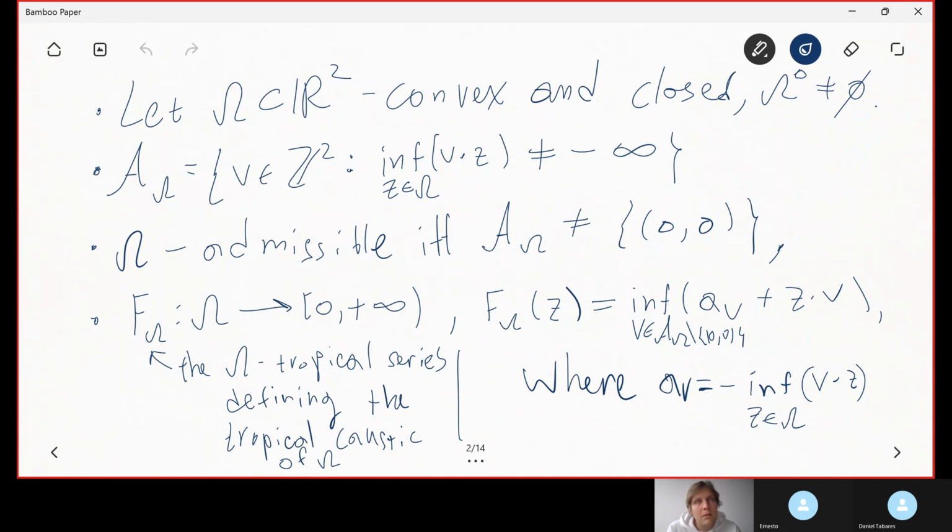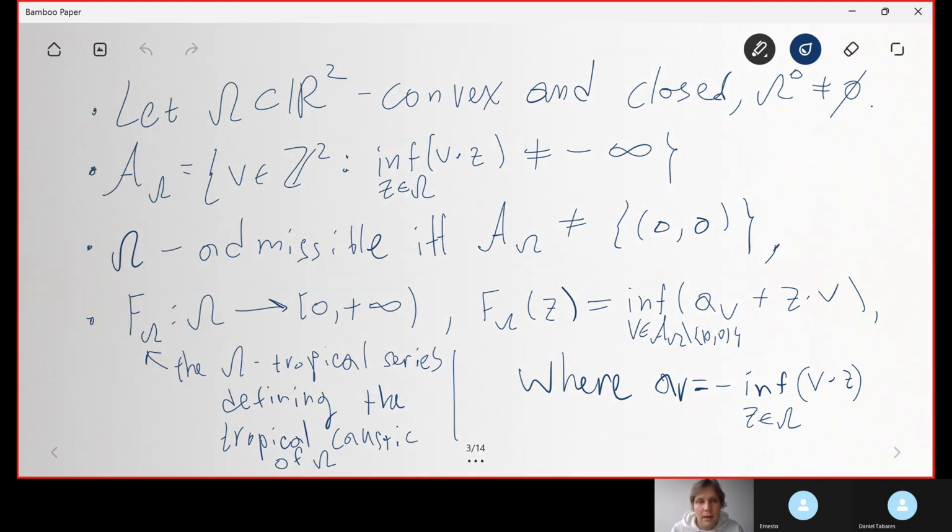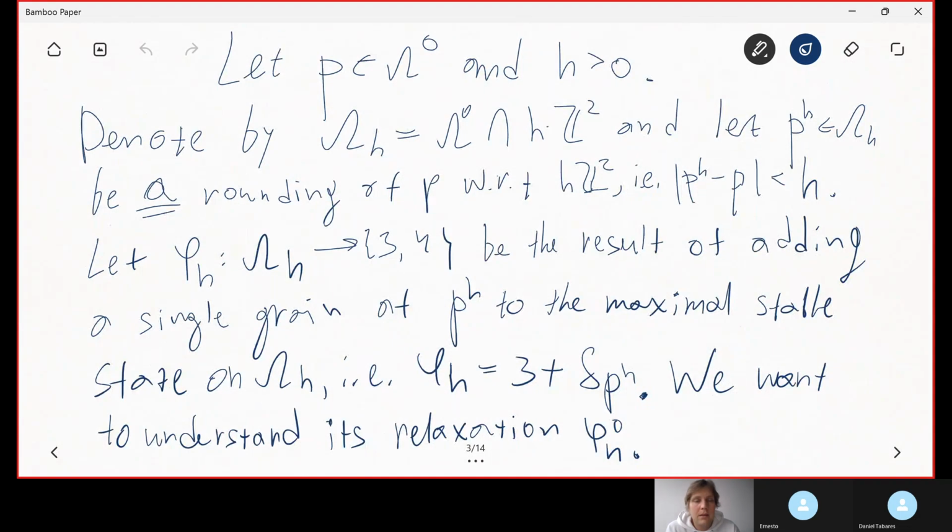Sometimes we call this tropical normalized distance function to the boundary of Omega. In a sense, it measures distance from the point inside to the boundary, since it vanishes on the boundary, but I'm not sure it's the best way to call it. Anyway, F_Omega is the tropical series which defines the caustic curve that we were discussing last time. And now that's the setup for what we are doing.